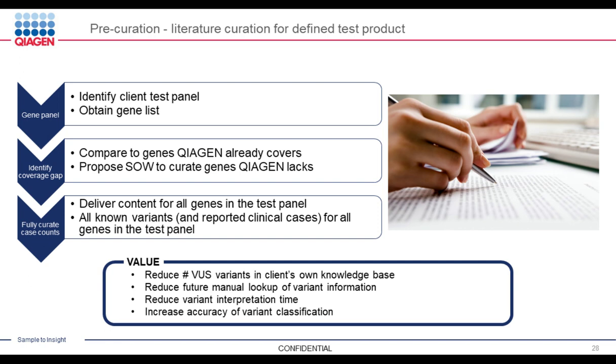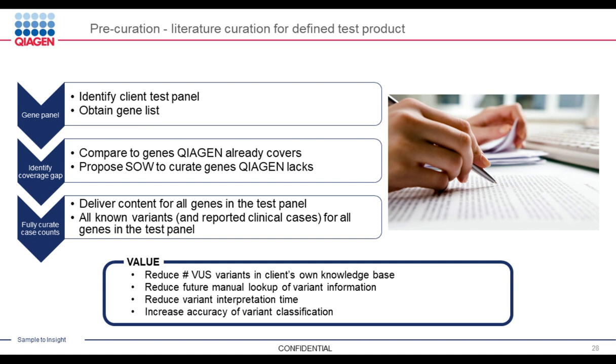So the other thing, as part of the effort that we can provide, is if you don't use our panel, you can create your own custom panel, and we do provide a service that will help pre-curate your panel for you. And that process is essentially identifying a list of genes in that panel.